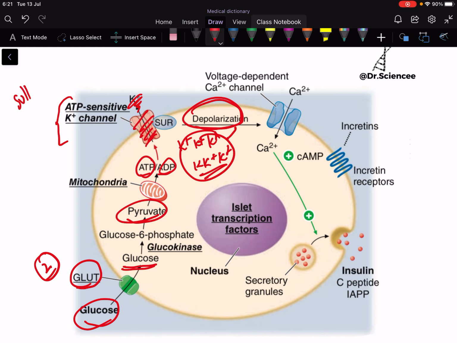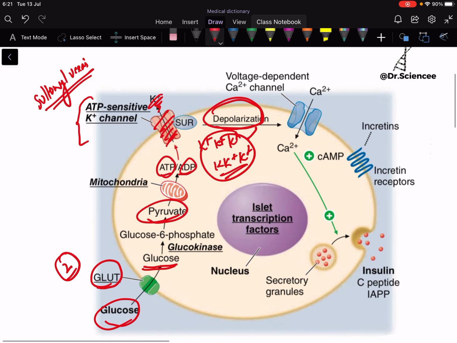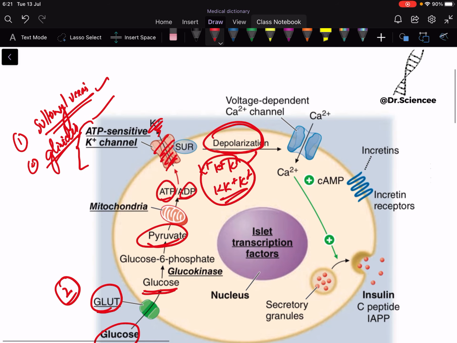It is sulfonylureas. And the other things are glinides. Okay, glinides and sulfonylureas can inhibit this ATP sensitive potassium channel, and thus insulin will not get released.